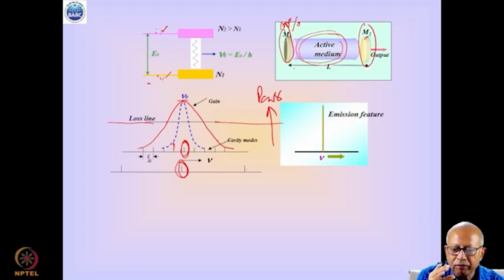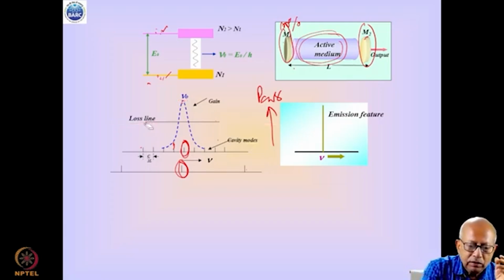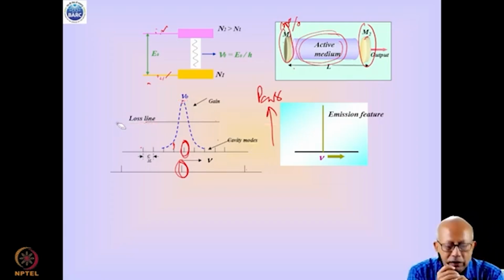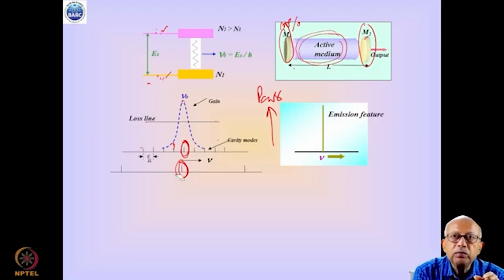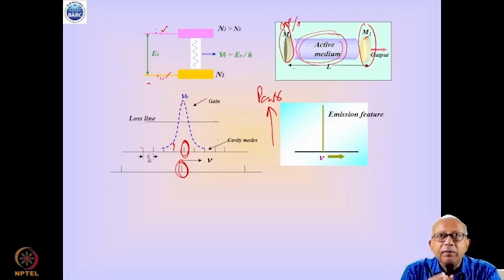We have attained single mode operation of this laser in two ways. One is we have reduced the broadening of the gain to ensure that only one mode has net gain, and therefore lasing is restricted only on that. It is a single mode laser. That means the emission is highly monochromatic.